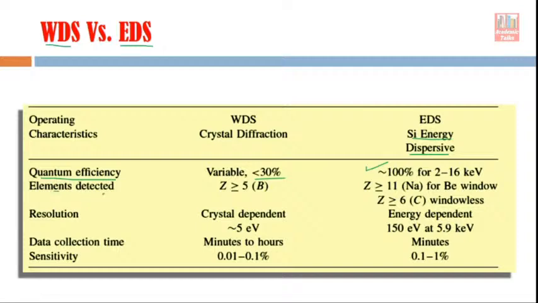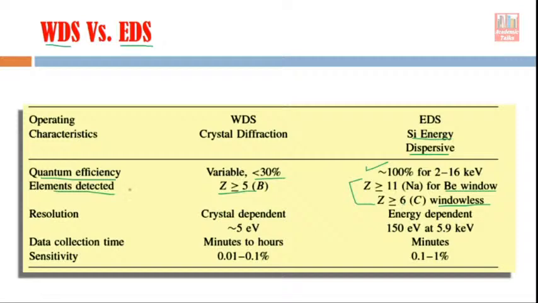And what kind of elements can we detect? With WDS, we can detect elements whose atomic numbers are greater than 5. But in case of EDS, it's possible to detect elements whose atomic number is higher than 6. And if we are using the beryllium window, then only elements whose atomic number is greater than 11 can be detected.